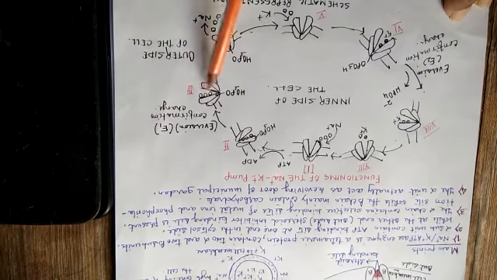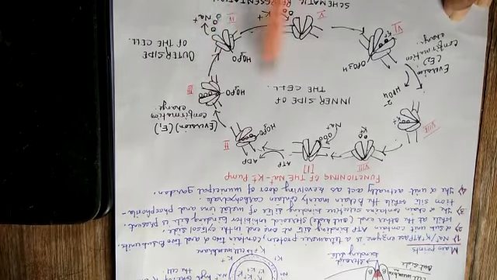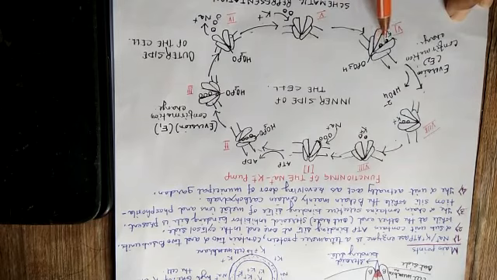But this conformation facilitates bringing potassium ion inside the cell. So you can see in the fourth diagram, 3 sodium ions come out from the protein part, while 2 potassium ions go from extracellular fluid to the protein part. And now these 2 potassium ions bind with the protein chain. So this conformation is very good for potassium ion attachment.